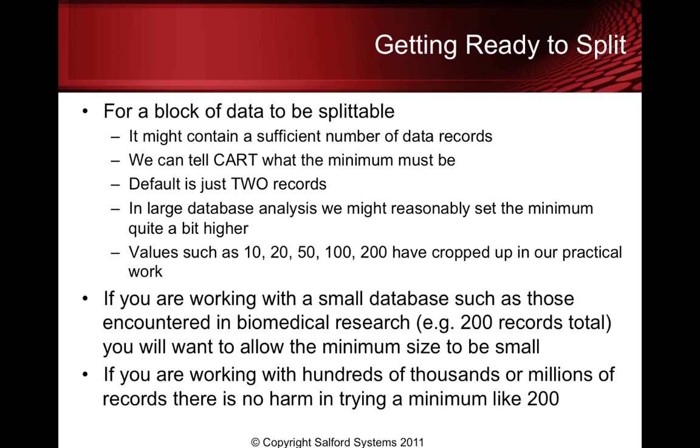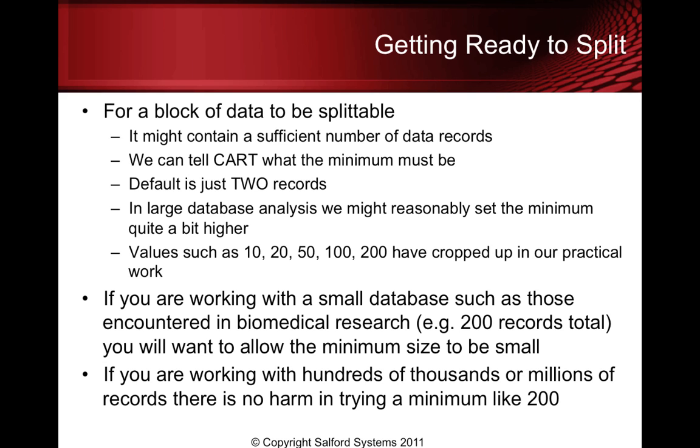Obviously, it can't be less than 2 records. That is the smallest set of data that we could possibly dream of splitting, but in a larger database, we might reasonably set the minimum quite a bit higher. We have experimented with numbers like 10, 20, 50, 100, 200. We haven't usually experimented with larger values, but there's nothing preventing you from doing so.